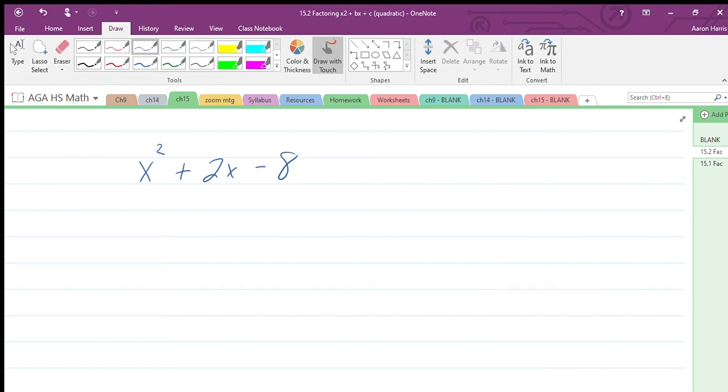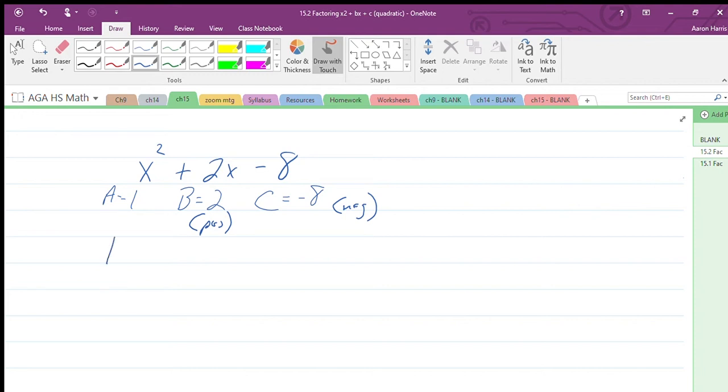With scenario 3, what is A? A is equal to 1. B is equal to what? 2. C is equal to -8. So now, with that being said, you see we now have C being negative and B being positive. Okay?